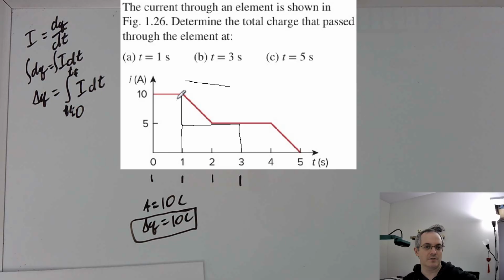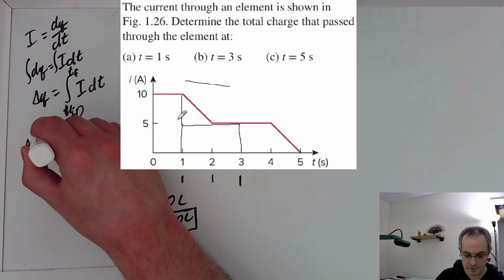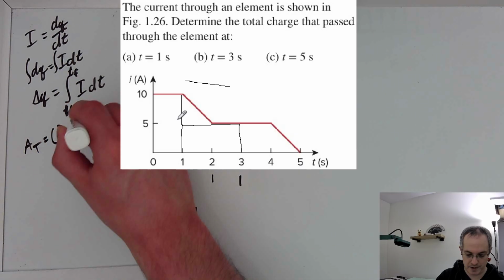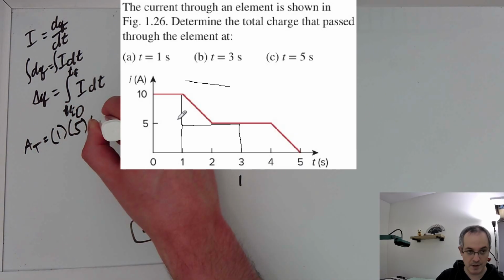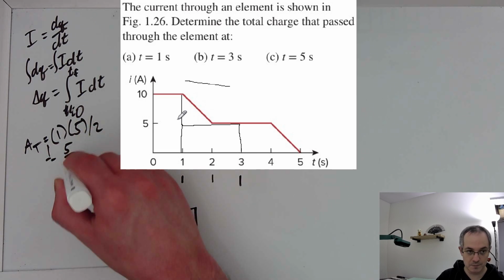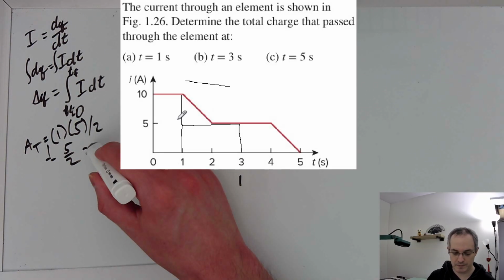This triangle here has a base of 1 and a height of 5. So the area of the triangle is base of 1, height of 5, divided by 2, which is 5 over 2, which is also 2.5.